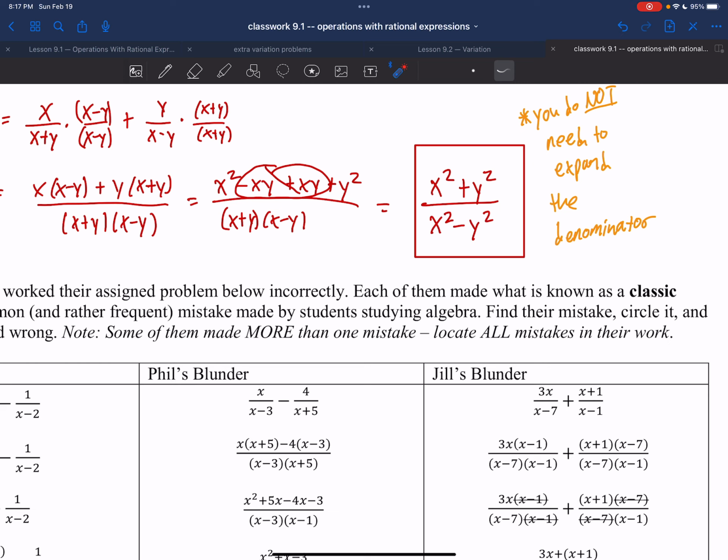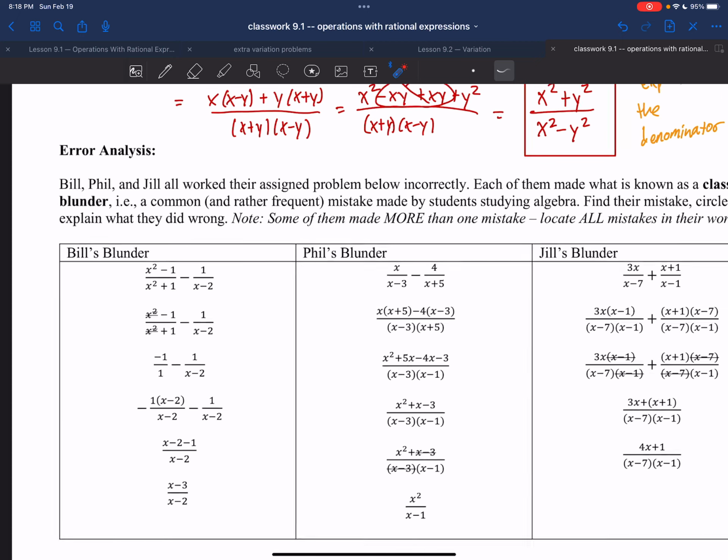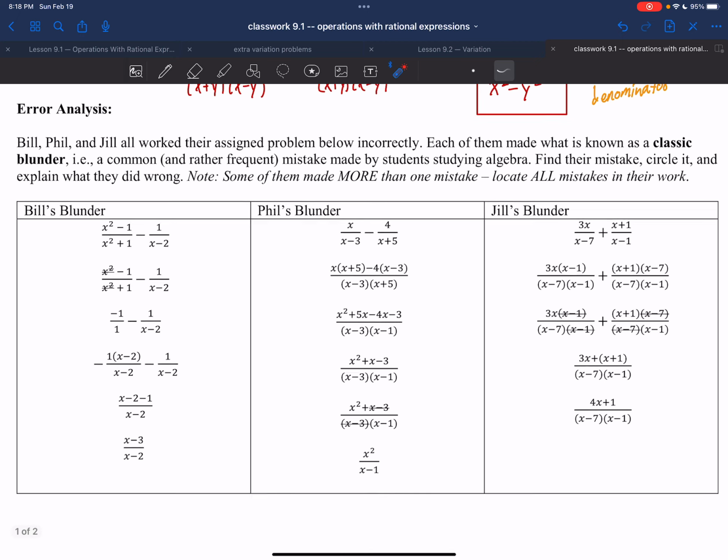The only time you can cancel is when everything is factored and you have common factors on top and bottom, okay? Those aren't factored. The x squared plus y squared is irreducible, and so that is as factored as it's going to be, so we have to put parentheses around that. Don't be canceling business.